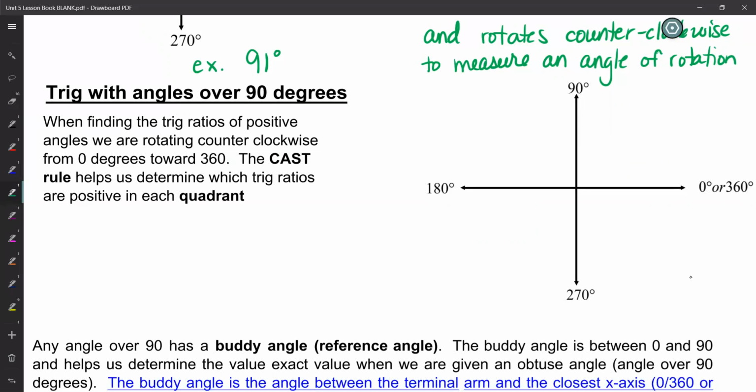So when we were doing grade 10 trig, we were dealing only with angles in between 0 and 90. And we always got positive ratios out of that. But when we do angles over 90, sometimes the ratio of sides can be negative or positive in different quadrants. So just so you guys know, we have numbers for each of these quadrants, and the numbers are quadrants 1, 2, 3, and 4.